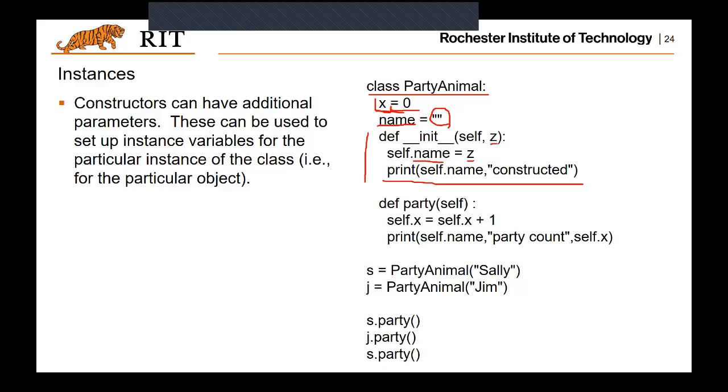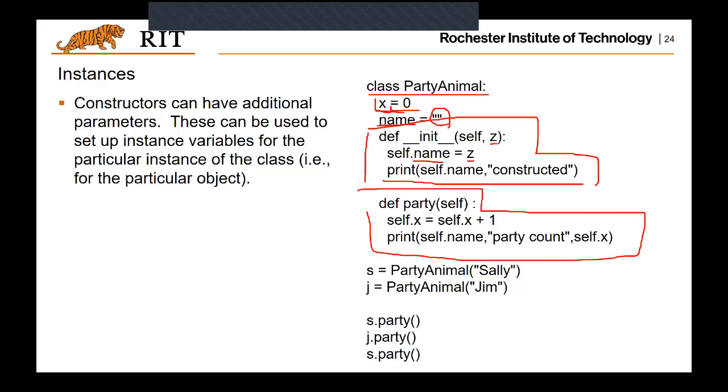That's what the constructor does. And for the method party, what it does is accumulate the number of parties you had whenever there's a new party coming.